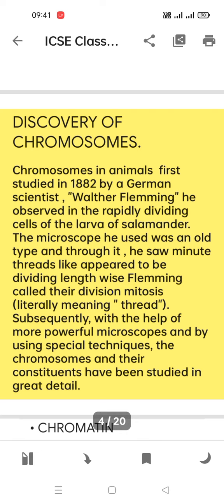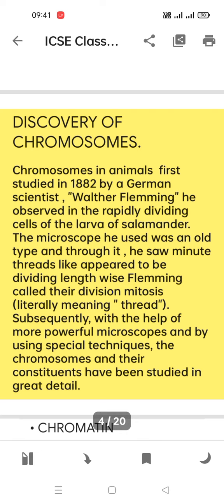How did he discover them, how did he know that this is the structure of chromosomes? What happened is, when he was doing some experiment or research, he saw in a microscope the cells of the larva of a salamander.